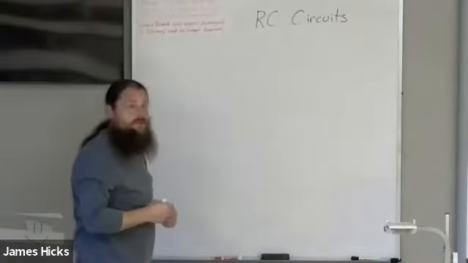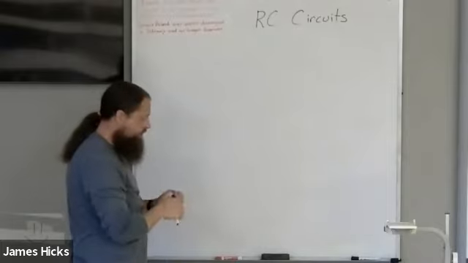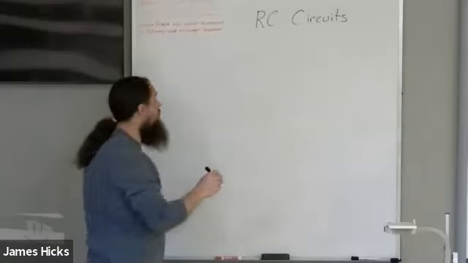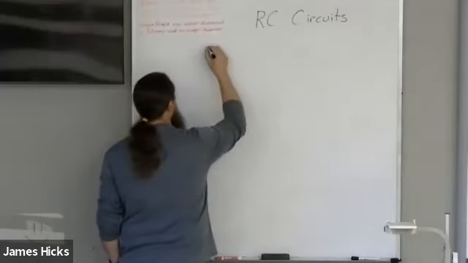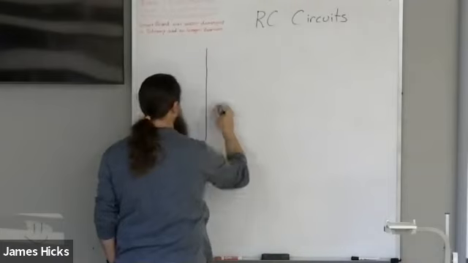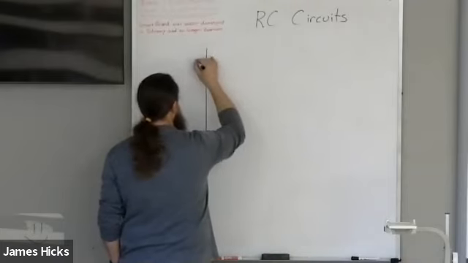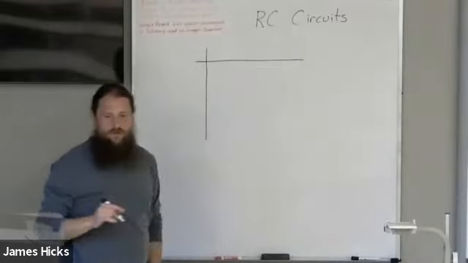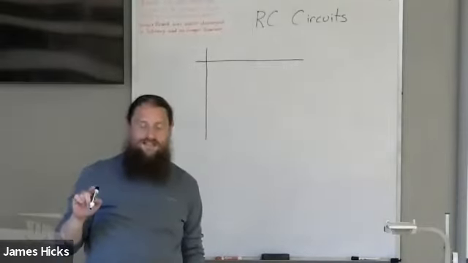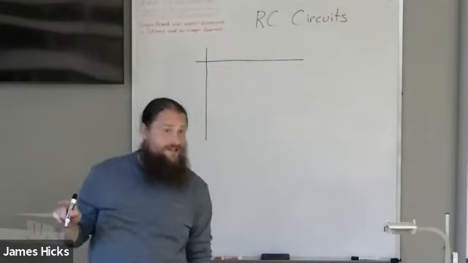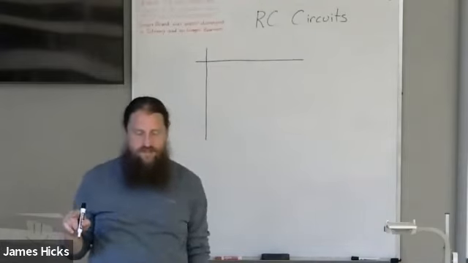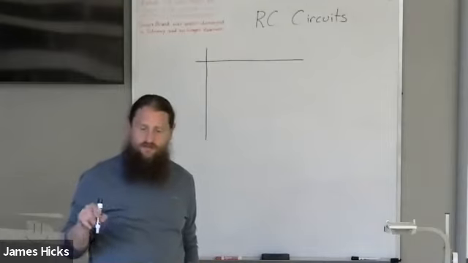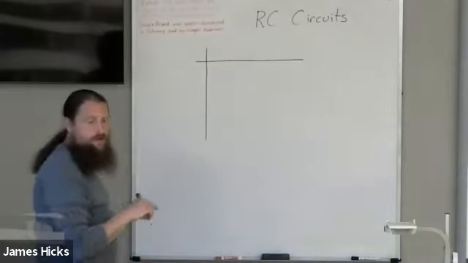So for this low pass filter, if I were to give you a plot of what that looks like, in order to make the plot look nice, I'm going to have to plot it on a little bit of a different graph.